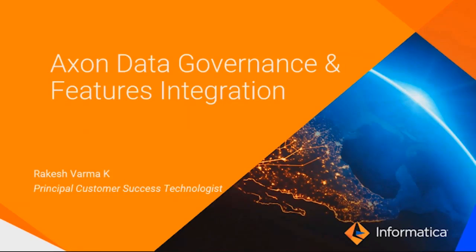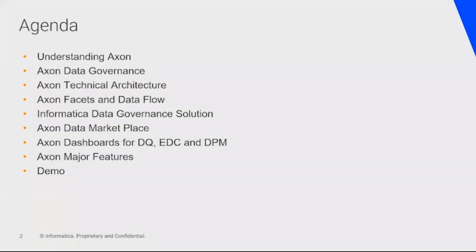We are going to discuss Axon data governance features and how it integrates and collaborates with other Informatica data governance products. Some of you might be aware of how Axon works as a product. Today, my intention is to take you around an understanding of Axon, how data governance use cases have been evolving, what the data governance context is from a current industry perspective, and how Axon solves data governance use cases.